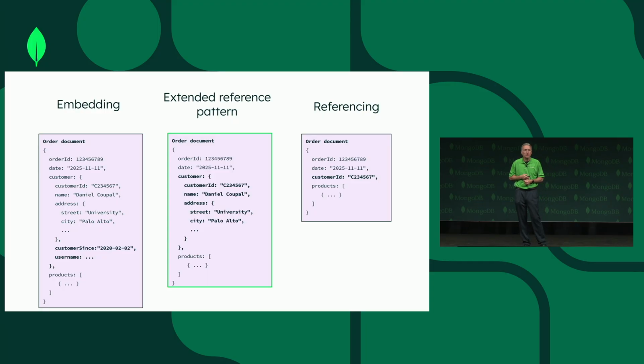Well, the solution is in between, in this case, using the extended reference pattern. What I can do is copy some of the information of the customer. If you look at the address here, that makes more sense to copy. But the customer ID and the name, in this case, are not going to change. So I'm putting enough information that if someone is pulling the order and looking at what the order is about, they'll have enough information without having to do joins.